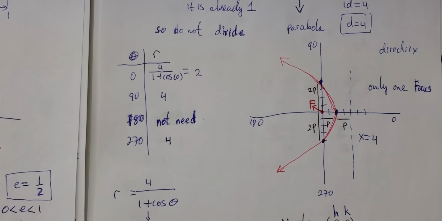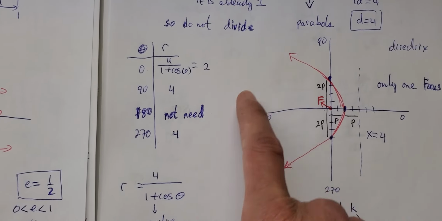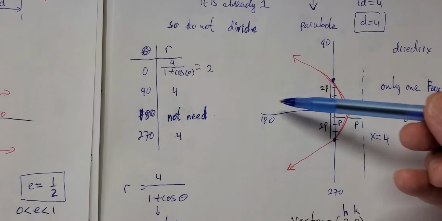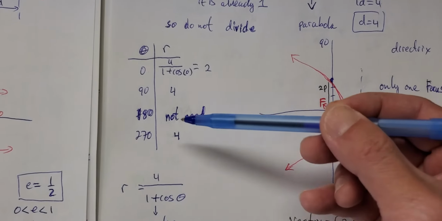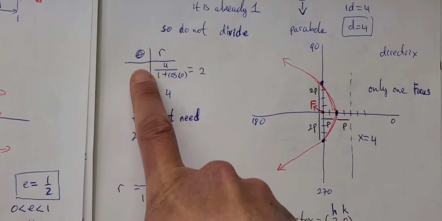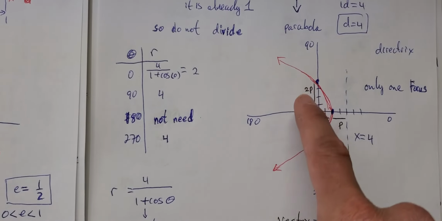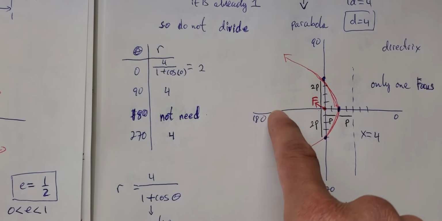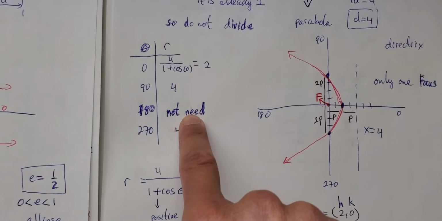So be very, very careful. With a parabola, there is no point on this side. Literally, there's no point on this axis, so that's why we don't need 180. We're not going to use 180.